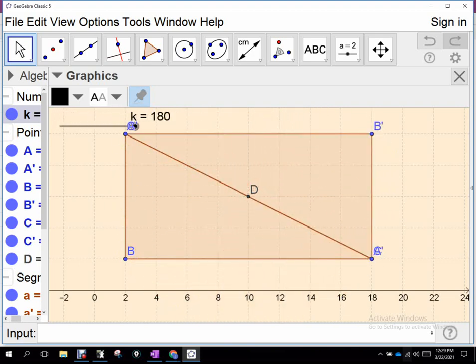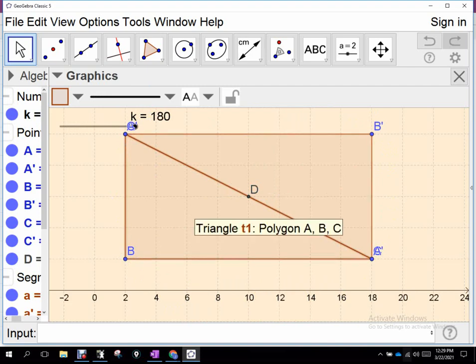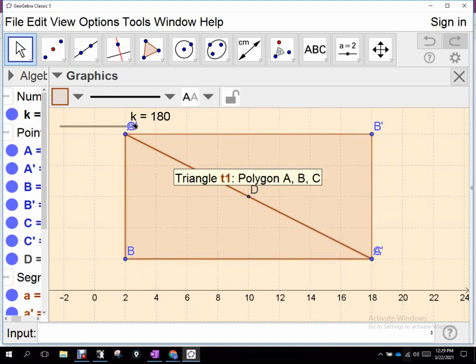Rectangle, right? Now, is that triangle right there the exact same as that triangle right there? So what would be the area of that rectangle?